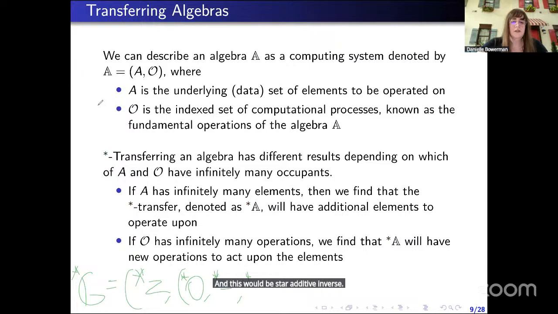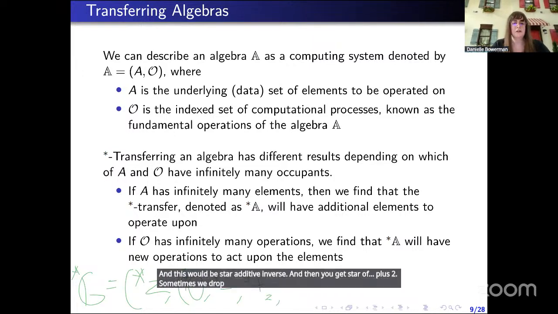And then you get star of plus 2. Sometimes we drop the star when it's clear what we're talking about.